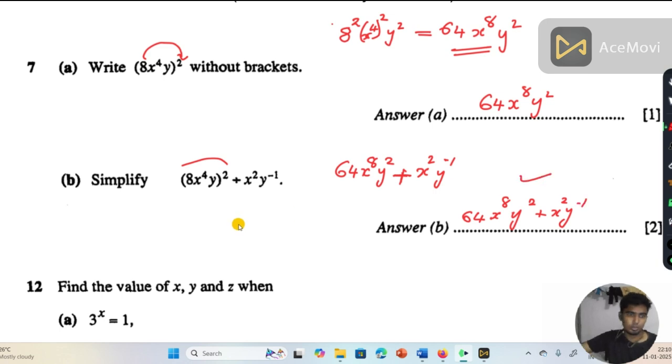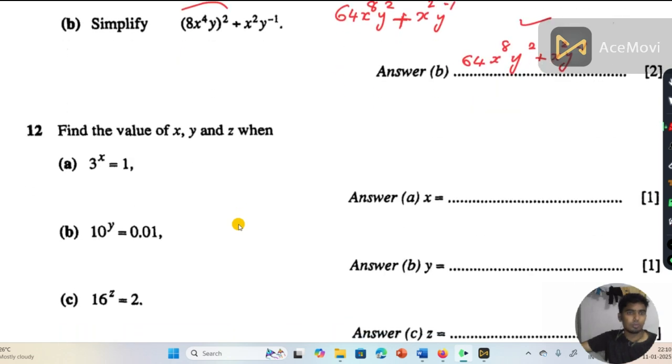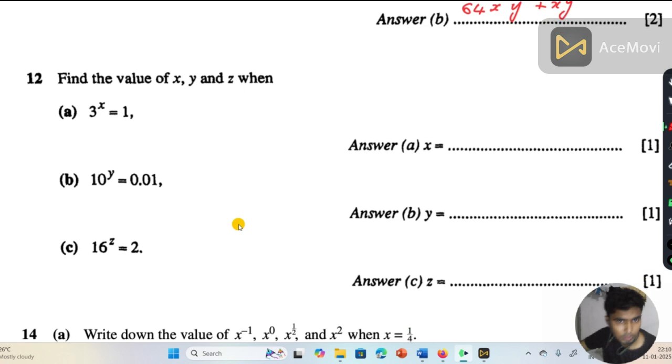Next question, find the value of x, y and z. First, 3 raised to x equals 1. Any variable raised to 0 is equal to 1.